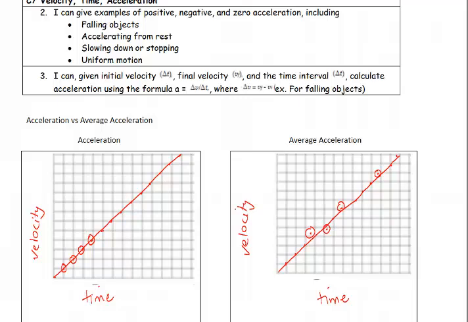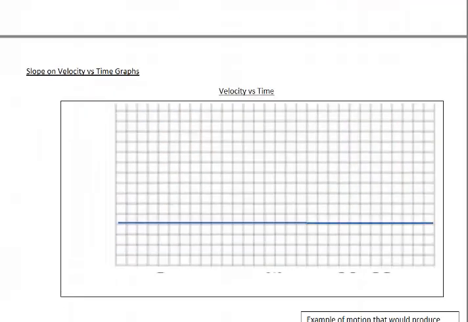They still show a trend. When we do experiments in the lab or in real life, very rarely will you get perfect data such as in this graph. So we have to take the average data and draw a graph that shows average acceleration in this case.